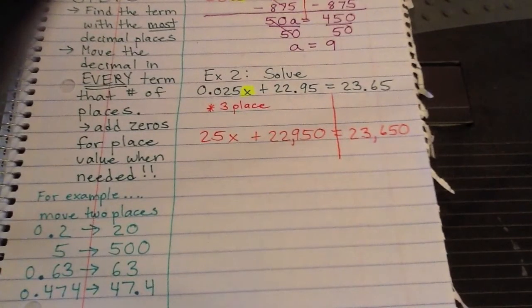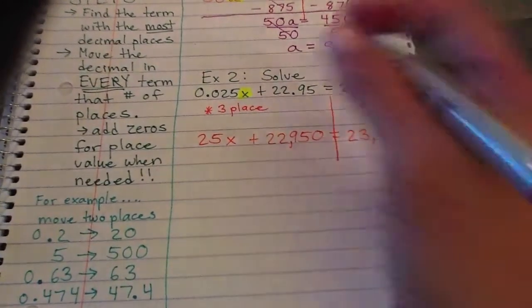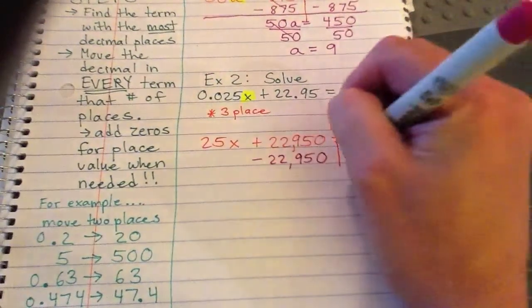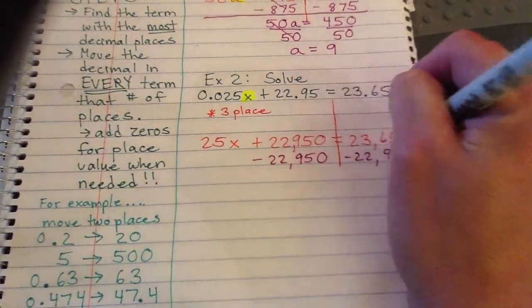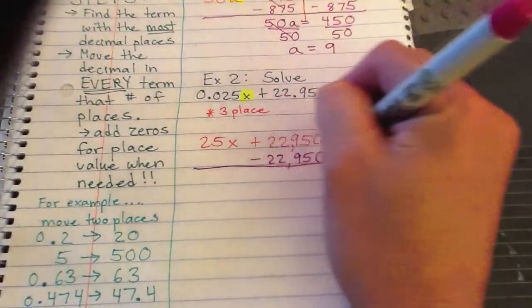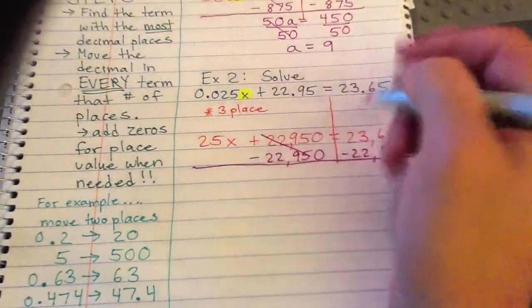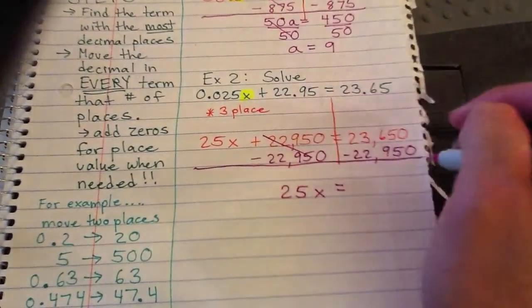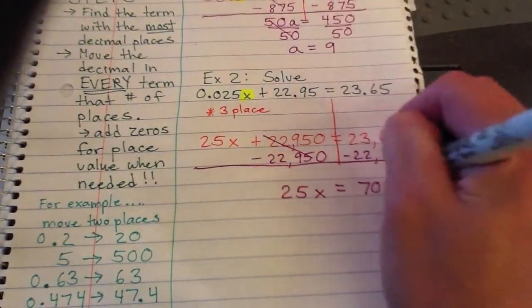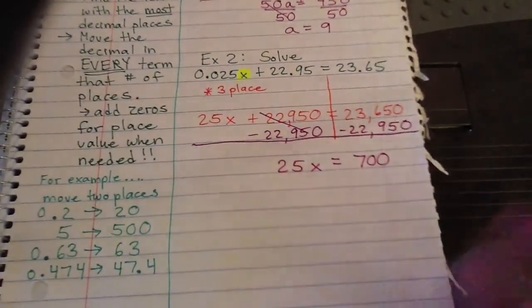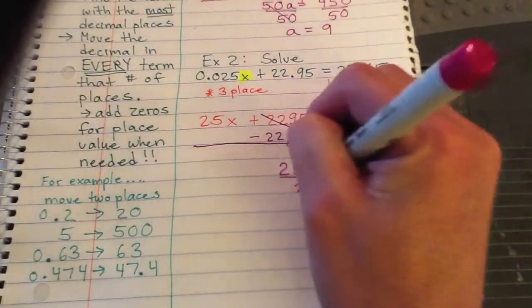Now I'm going to go ahead and solve just like I've been solving all of the other equations. So subtract 22,950 from both sides. Remember, I want to see your signs. I want to see what you're doing there. And I have 25x equals 700. Then I'm going to divide both sides by 25.